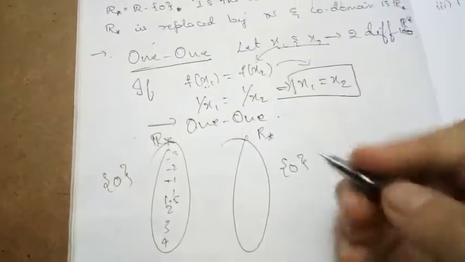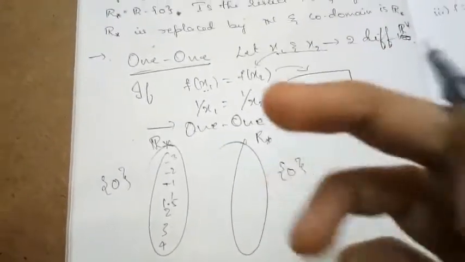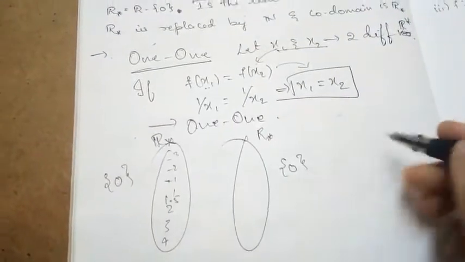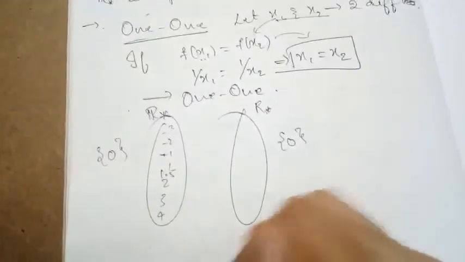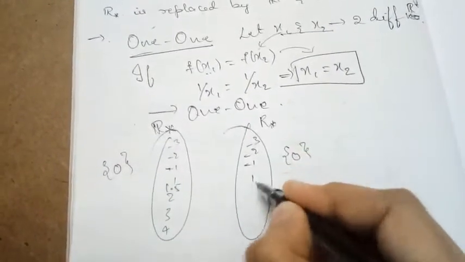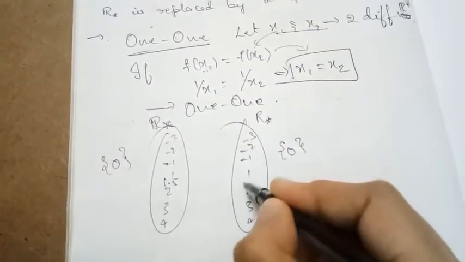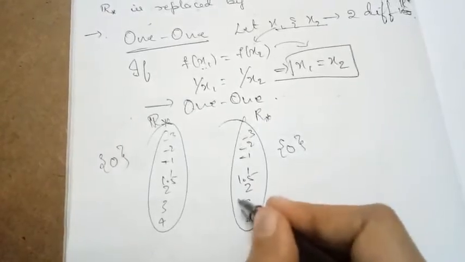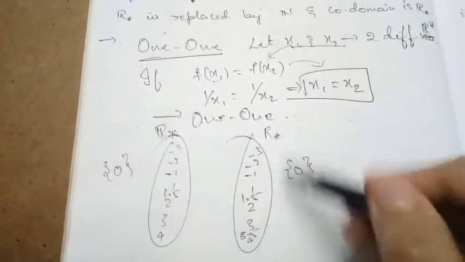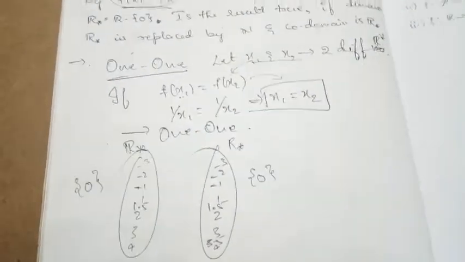You need to get a feel for the question first, and for how we deal with the mapping. Once you understand these things, understanding onto functions is not difficult at all. Again here it is also the R star set: 1, 2, 3, 4, with a couple of decimal numbers, so you can see it is a set of real numbers excluding 0.